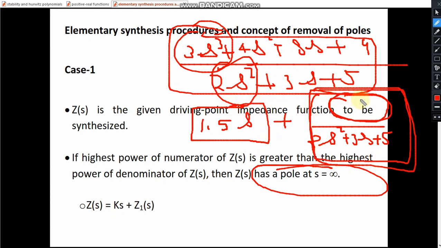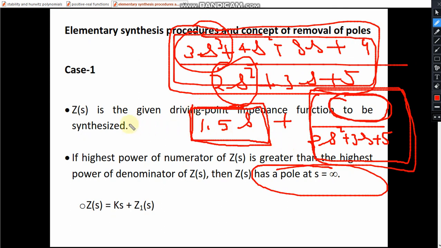Now this function is simple as compared with this, reduced, and the procedure can be continued further. There are many methods, but the thing is that we have removed this pole, and what will this pole be representing? So now given Z(s) is equal to this thing plus this thing.